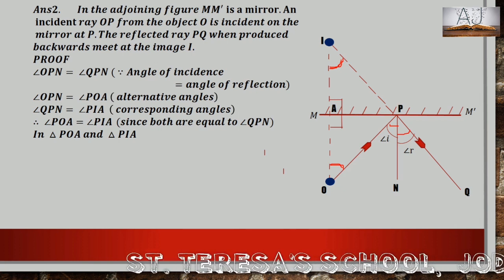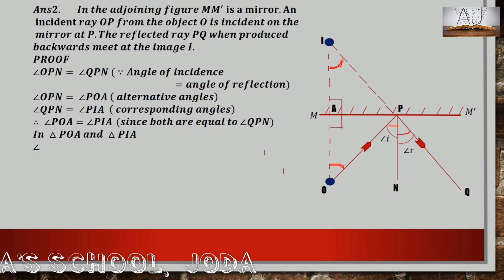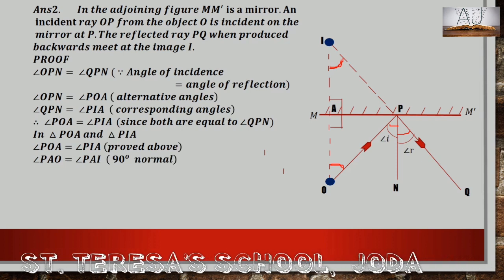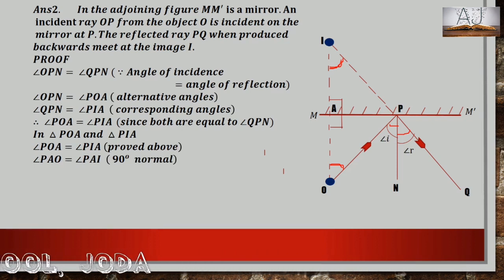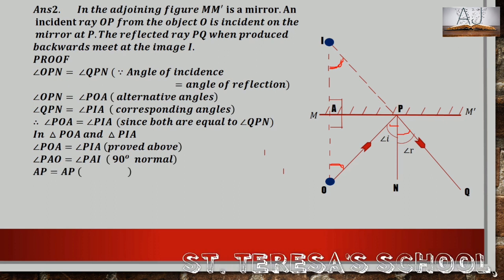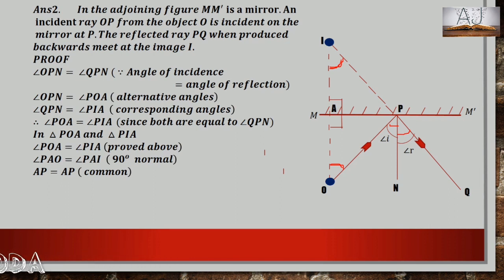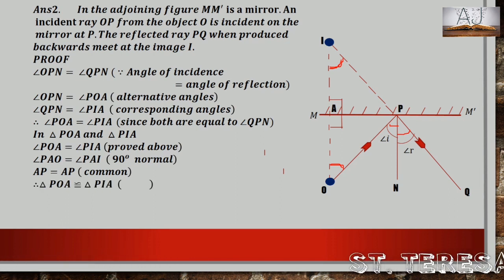Now we will prove that triangle POA and PIA are congruent. How do you prove it? Angle POA is equal to angle PIA, we have proved above. Angle PAO is equal to angle PAI because both are normal, 90 degrees. And one more, PA is common in both of them.